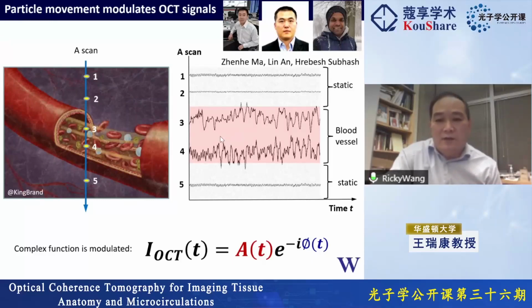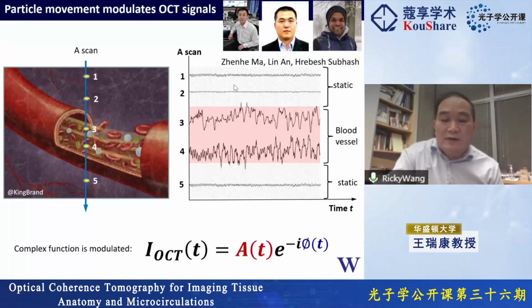If you look at pixel 3 and pixel 4, because you have moving blood cells in the blood vessel, and the blood cells are efficient scatterers that will scatter the light, that moving blood will of course make your OCT signal fluctuate rapidly, right?